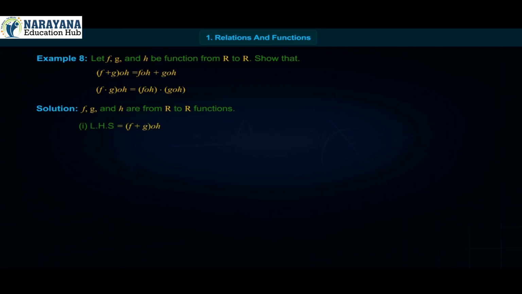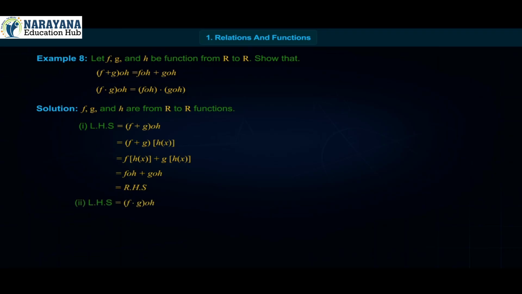Number 1. Left hand side is equal to (f + g) ∘ h, which is equal to (f + g) of h(x), which is equal to f(h(x)) + g(h(x)), which is equal to f∘h + g∘h, which is the right hand side.